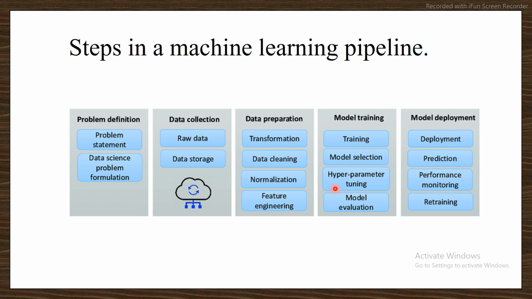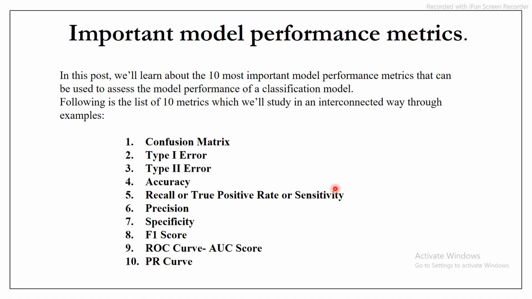Whenever you try to capture model performance, there are some metrics, some KPIs. For a classification problem, the confusion matrix plays an important role, because type 1 error and type 2 error can be captured through the confusion matrix.